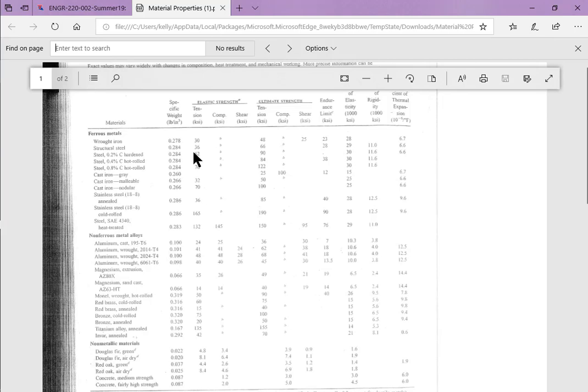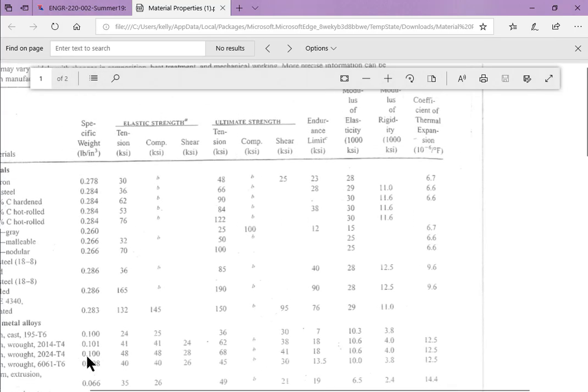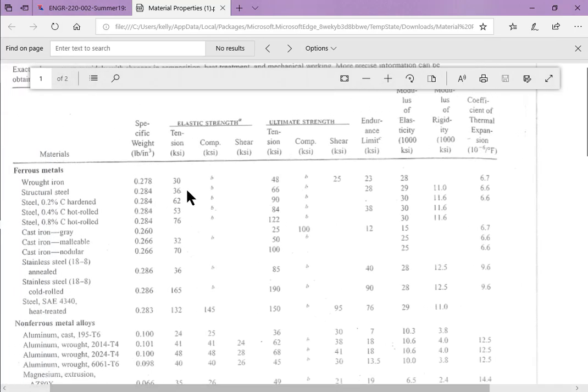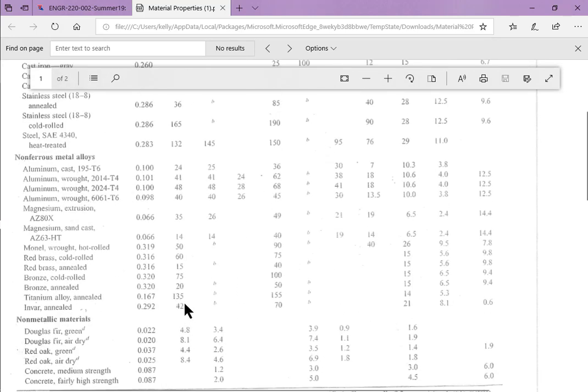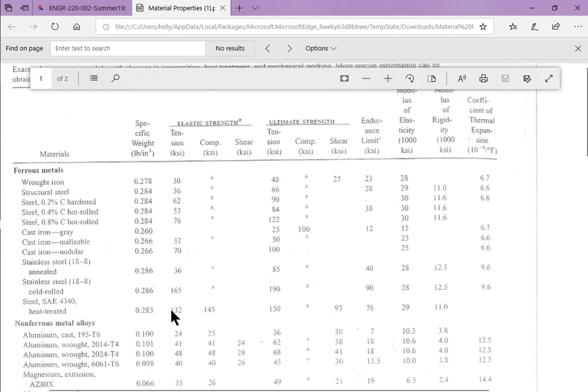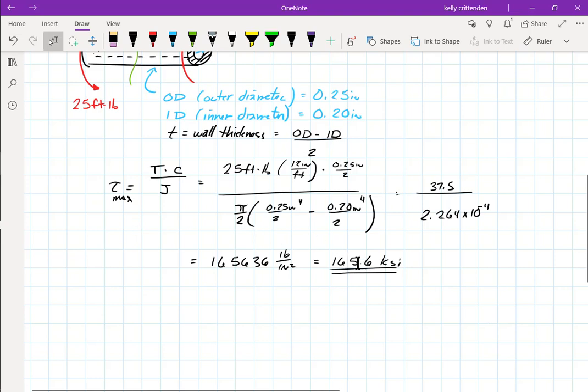I didn't really give it a material property or a name, but all of these steels, the yield strength in tension is maxing out at 165 for that stainless. There's a titanium at 135, but that's the tensile strength. The number that we would need is the shear strength, which is normally half of that. So the 165 KSI of shear stress is just too much.